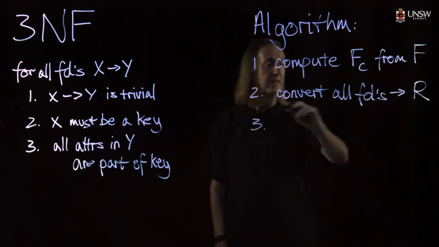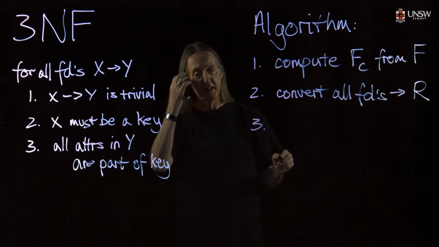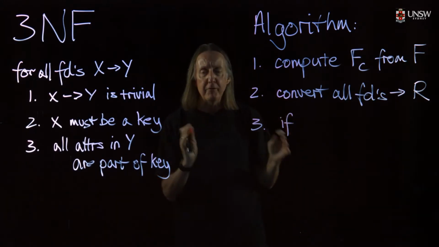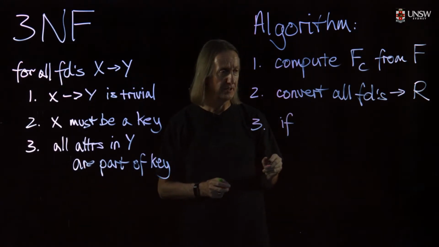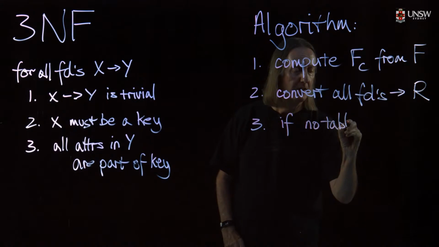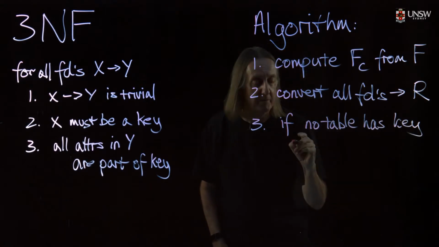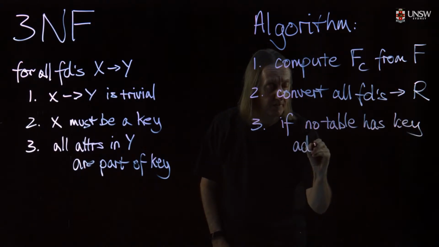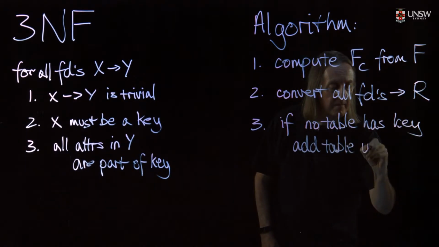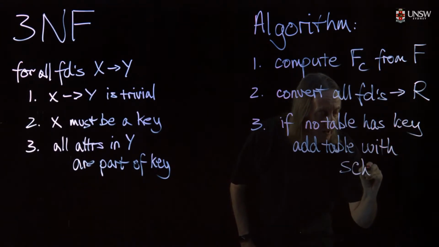And if it turns out that some attribute doesn't appear anywhere, then we can't actually form a key for the schema. So we have to add a new table that includes enough attributes to give a key for the entire schema. So if no table has a key, then we add a table that does have a key for the schema, with the overall schema key.